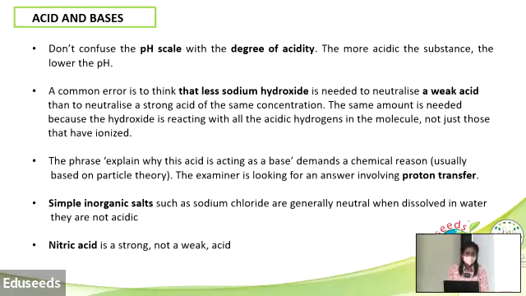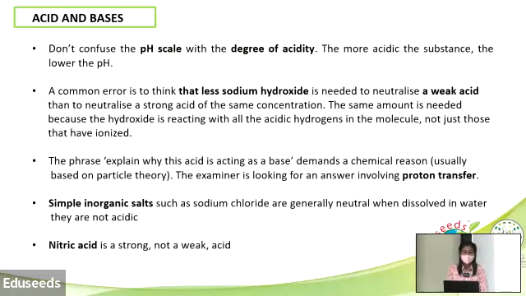Next one, a common error is to think that less sodium hydroxide is needed to neutralize a weak acid than to neutralize a strong acid of the same concentration. The same amount is needed because the hydroxide is reacting with all the acidic hydrogen in the molecule, not just those that have ionized. Need to take note of this.